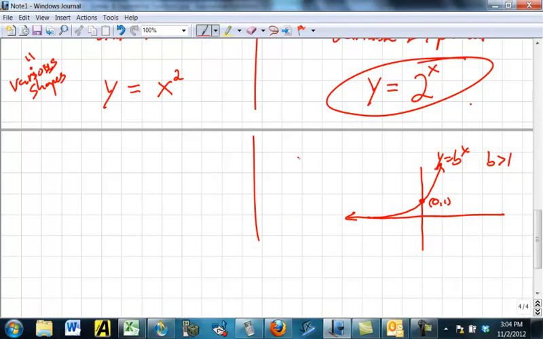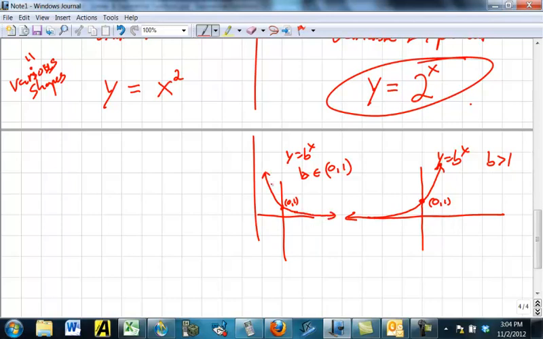On the other hand, if y equals b to the x, and b is between 0 and 1, not including 1, then it's going to come down, hit the axis at 0, 1, and then come down to a horizontal asymptote on the right.